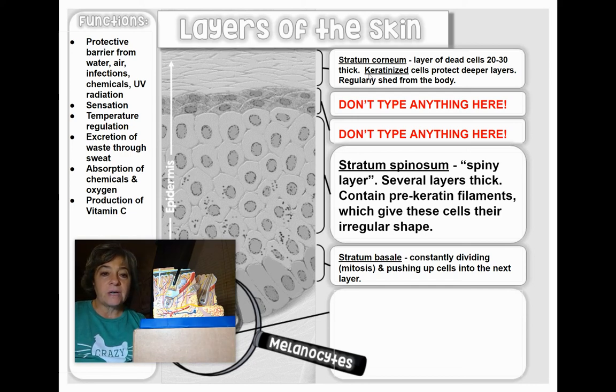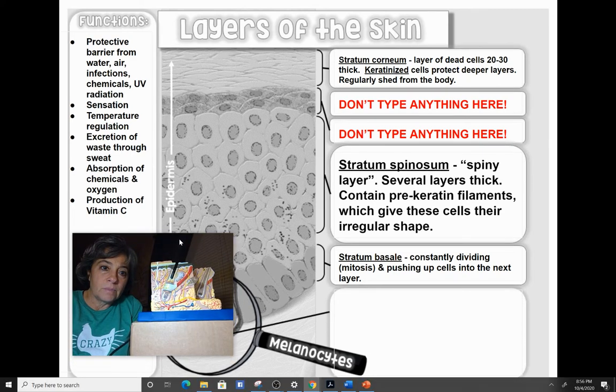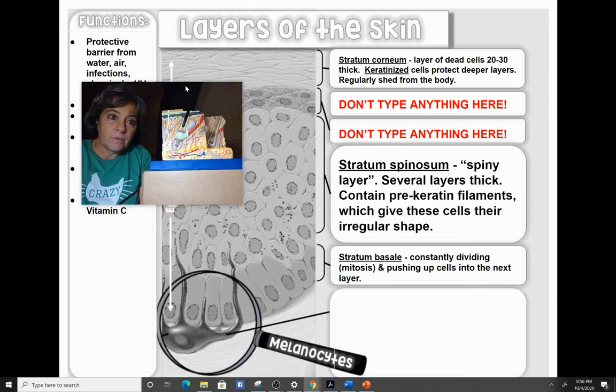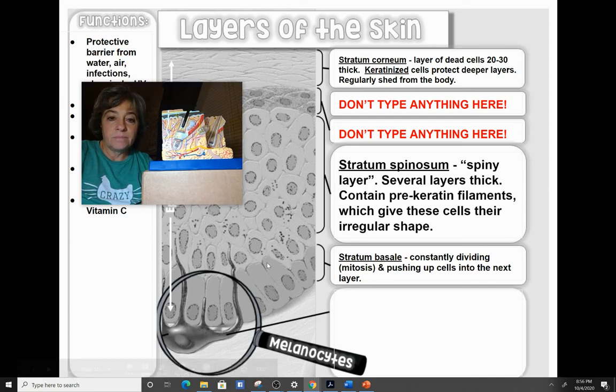Now there's another cell that is found in this layer. It's not an actual epidermal tissue, but it is a separate cell found there. Let me move my screen a little bit. There we go. And it looks kind of like this dark blob. That is called a melanocyte.